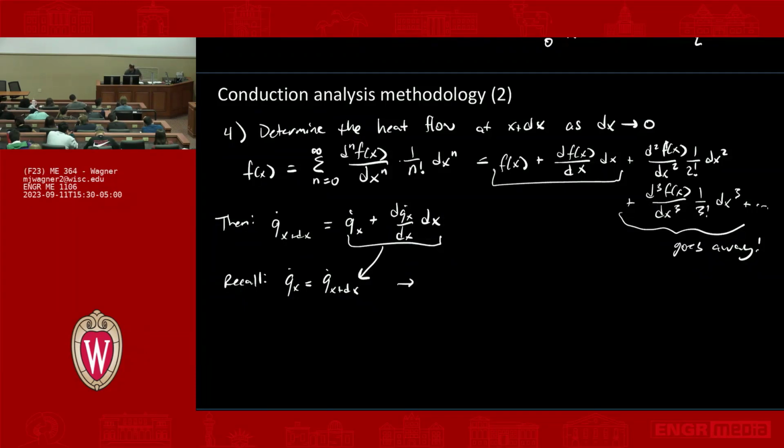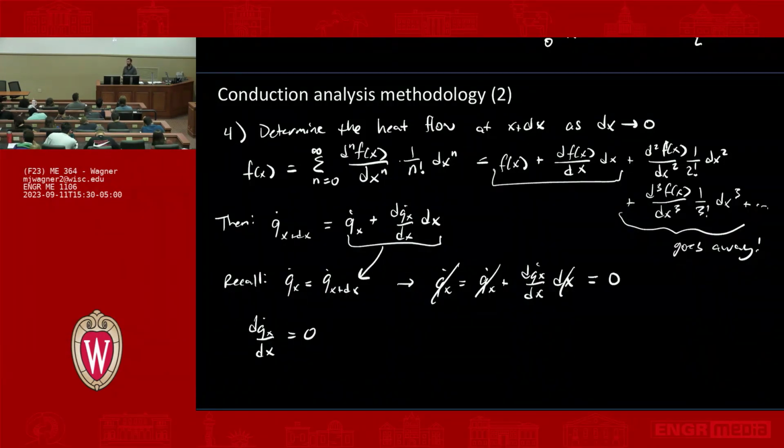And we're left with q dot x is equal to q dot x plus dq dot x dx times dx. We see on both the left and the right-hand side, we have this q dot x term. It cancels out. So now this thing is equal to 0. Well, if that's equal to 0, that dx term that's multiplying the differential can also go away. And we're left with this statement, dq dot x dx is equal to 0.